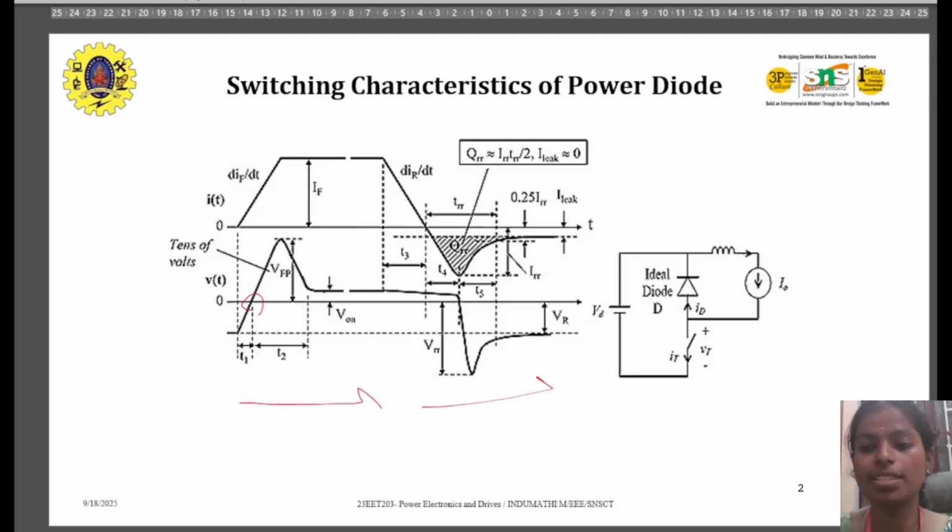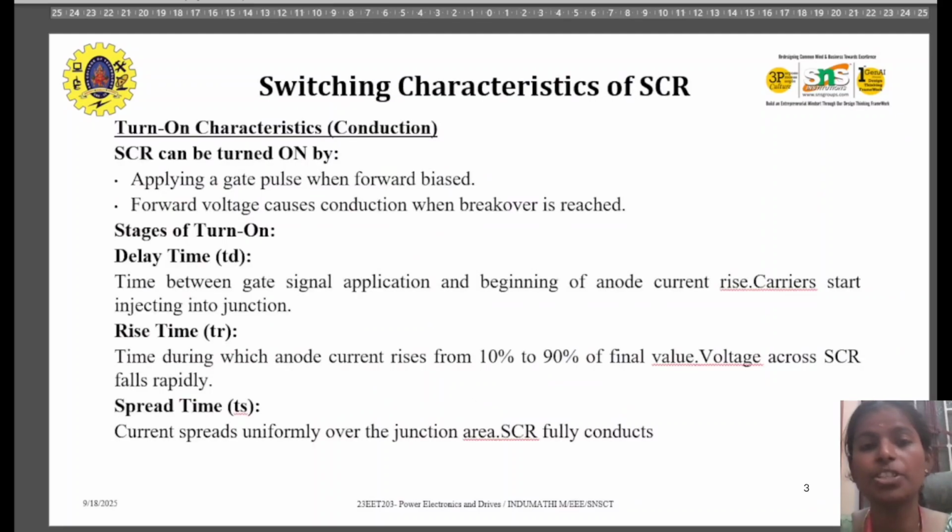So next we'll look at the switching characteristics of SCRs. SCRs are the backbone of power control and rectifiers, as you know. But did you know that the way they switch on and off is not instantaneous, right? So the time and the voltage, what is happening there, we'll be learning in switching characteristics.